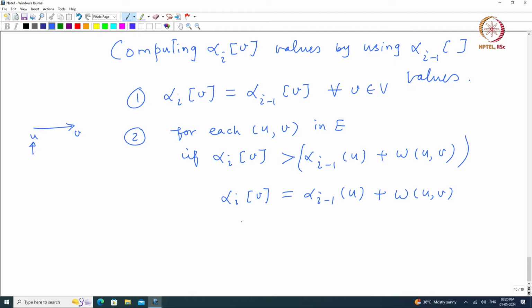Therefore, in this edge uv, previous of v equal to u, this is the Bellman edge. We will write it as current Bellman edge. This Bellman edge will get updated.